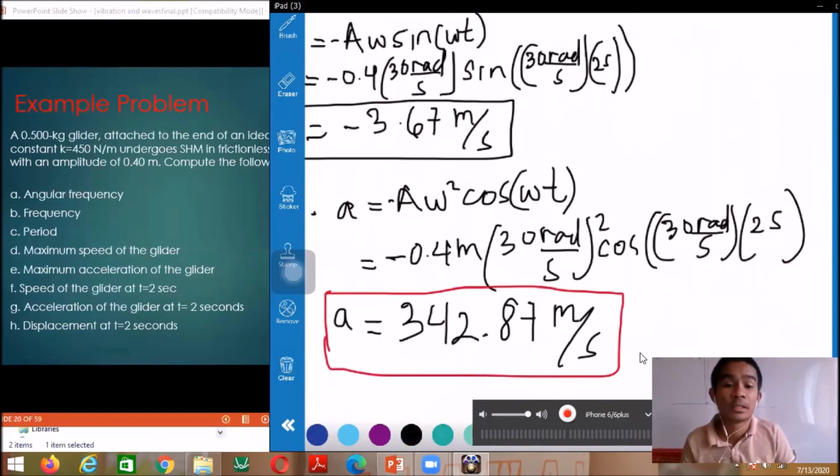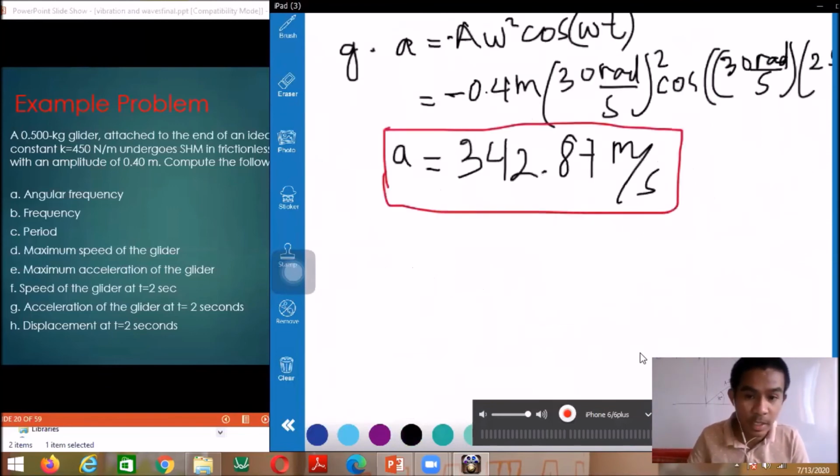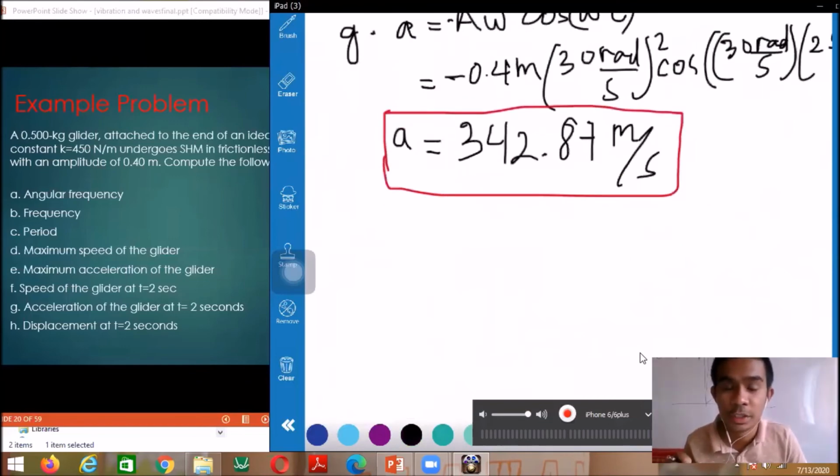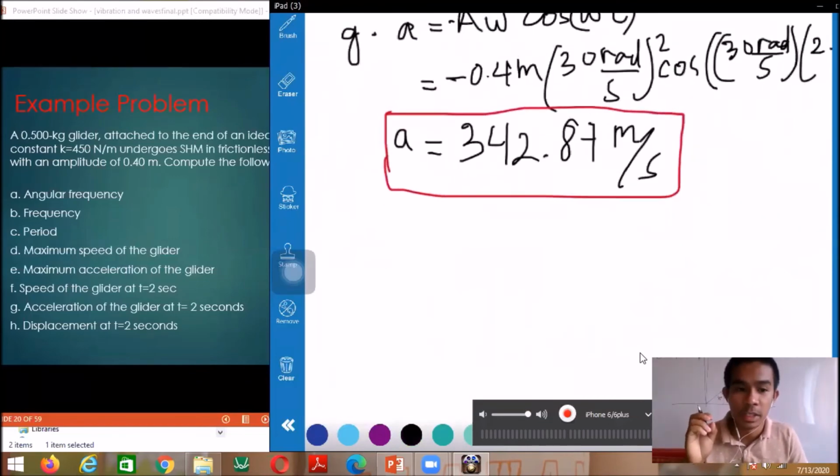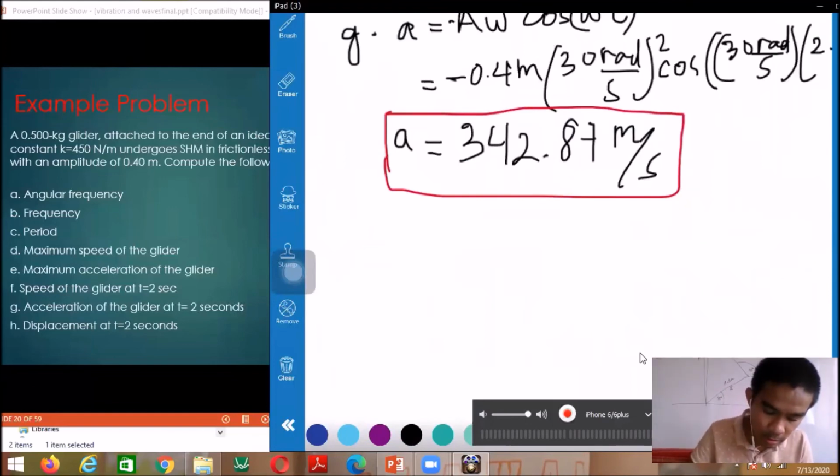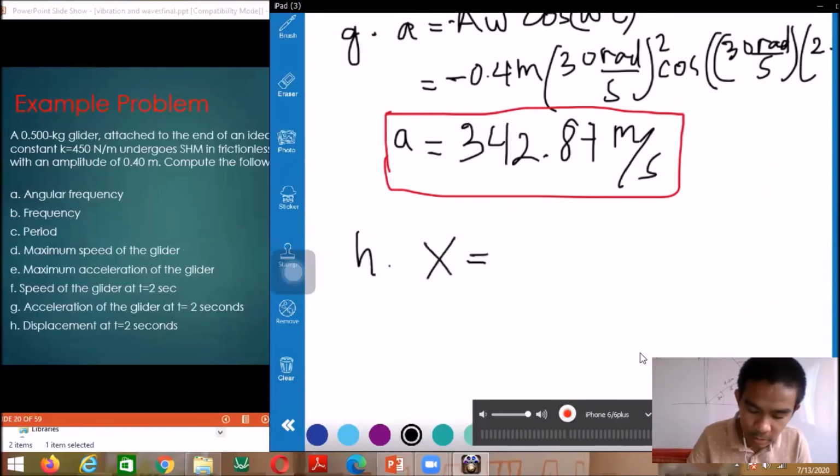Okay, next, the displacement or the position of the oscillating system 2 seconds after its release from the initial position. It's letter H. So the position as a function of time is the amplitude times cosine of omega t.